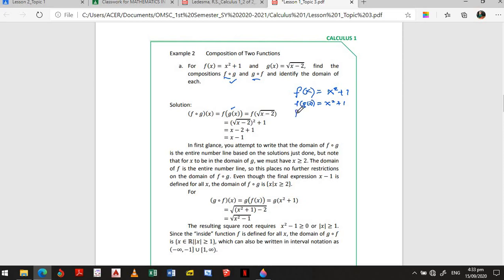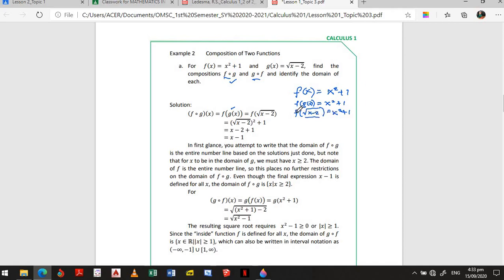So we have f of square root of x minus 2, which is equal to x squared plus 1. Okay? Then, how do we simplify this? By simplifying it, we have to substitute the values of our variables here, as defined by our function here.